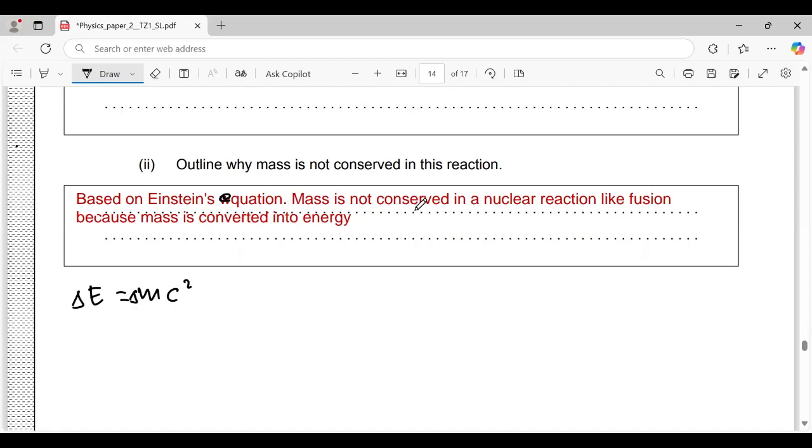So mass is not conserved in a nuclear reaction like fusion, because mass is converted into energy. Through this formula we can show that delta m equals delta E over c squared.